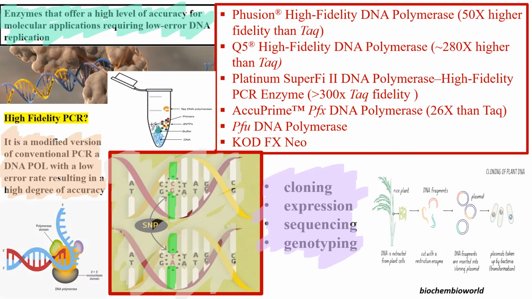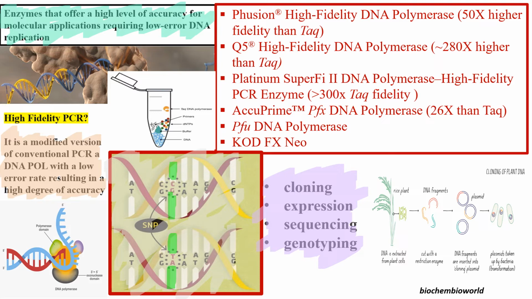Sometimes I want to study a specific polymorphism, or I want to go for cloning. Suppose I want to insert an X gene into a particular organism. I need that X gene to be very accurate. If the sequence is ATGC, I have to make sure that the sequence is the same when I insert it into a vector for the cloning.